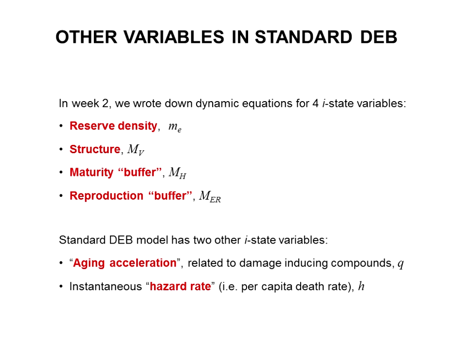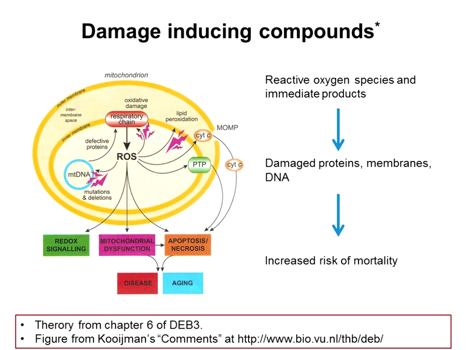But what DEB theory does give us is a way of characterizing the physiologically related or the energetically related component of mortality, and it does so by taking advantage of the concept of damage-inducing compounds.